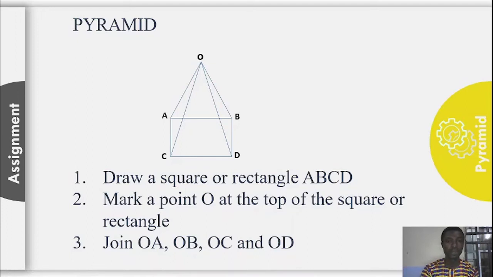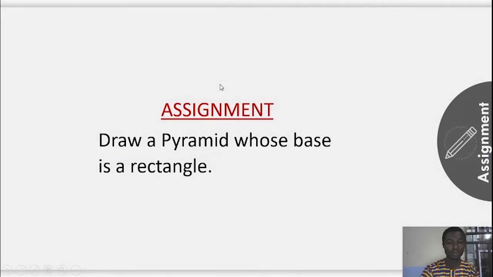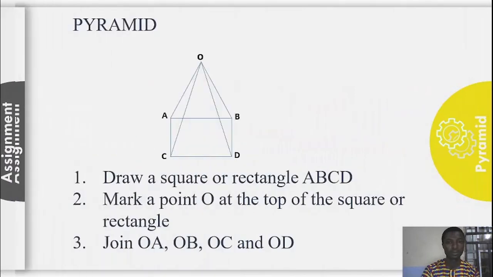You join points D and point O. And finally, you join points B and point O. Look at the steps outlined down here.